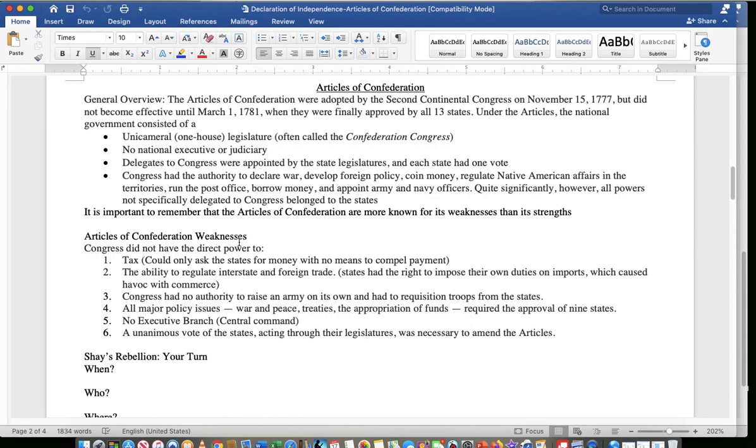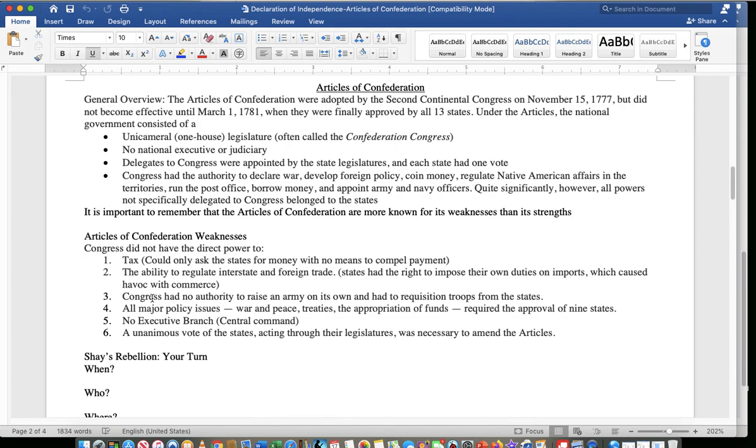So number one, what couldn't the federal government do? It couldn't tax. It couldn't set up one universal rule for trading amongst the colonies, all right? It couldn't raise an army on its own. It could ask the states for troops, but it couldn't just raise a standing army to protect the United States at that time.